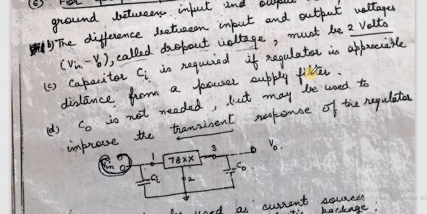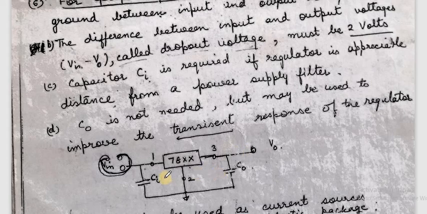As you can see from the figure, I have placed a 78XX series voltage regulator with 3 terminals. One terminal is grounded, that is terminal 2, terminal 1 is the input and terminal 3 is the output.